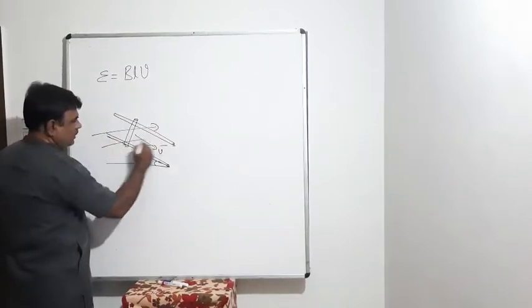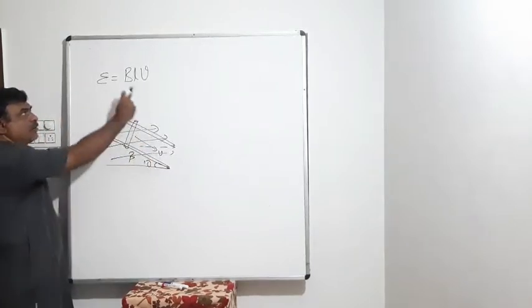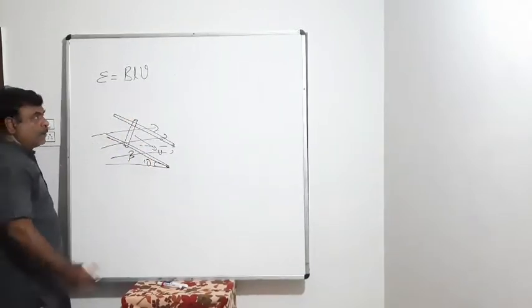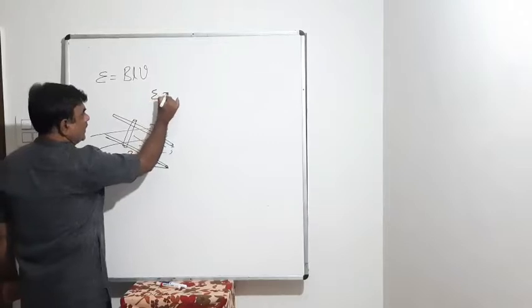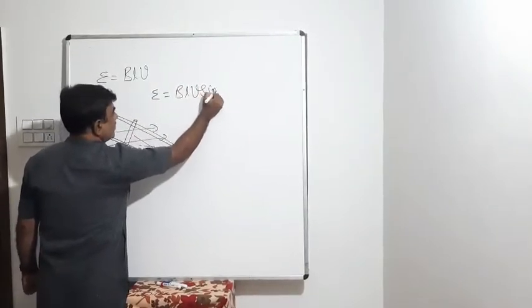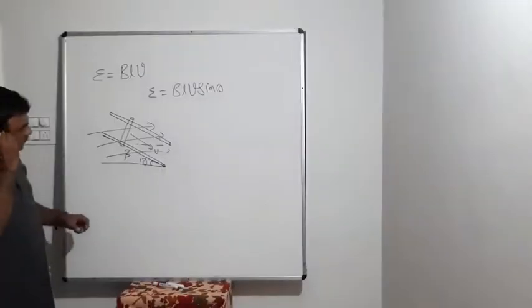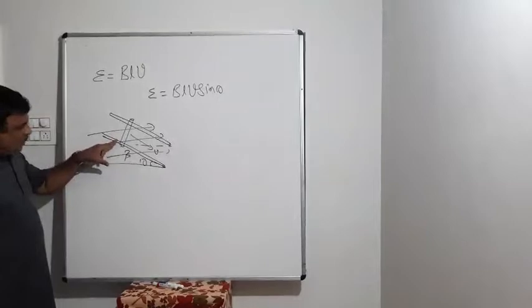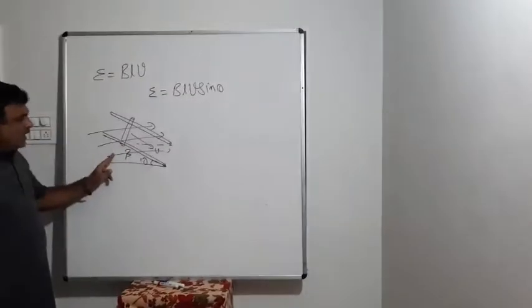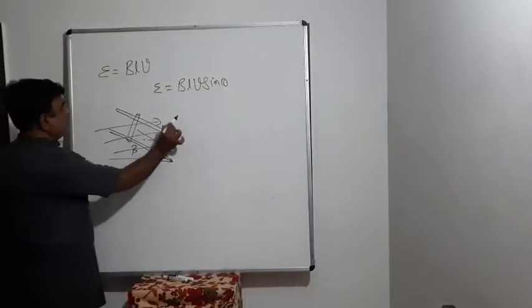Field is horizontal. In that case, you cannot apply BLV. What you have to apply? E equals BLV sin theta. Because here velocity and field are at certain angle theta. So we'll use BLV sin theta.